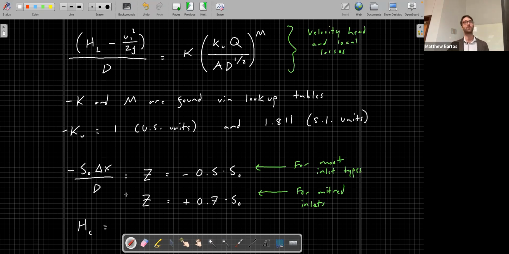Let me just write this out. HC is going to be equal to the specific energy at the critical section. So this is little hc plus UC squared over 2g. Okay, so this is the specific energy at the critical location.